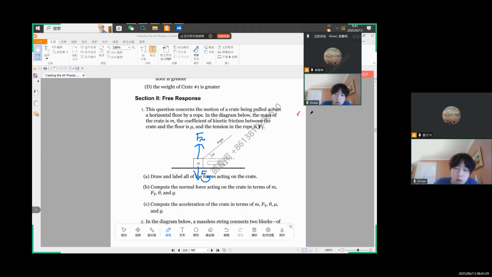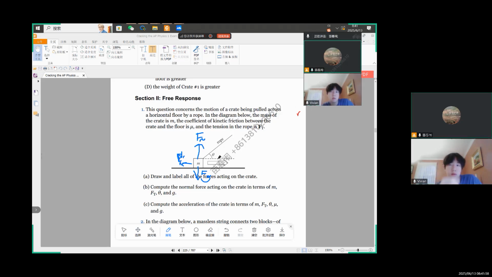Gravity. And then rope. Oh, and then mu. Oh, actually, I mean, F friction, right?